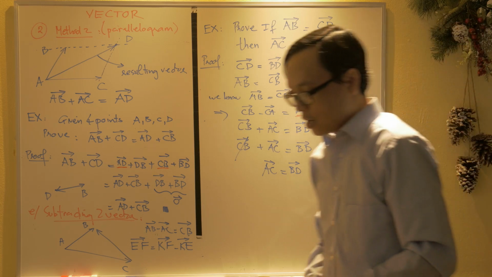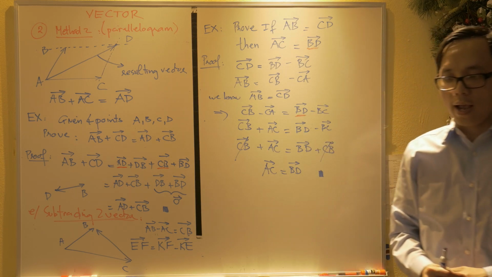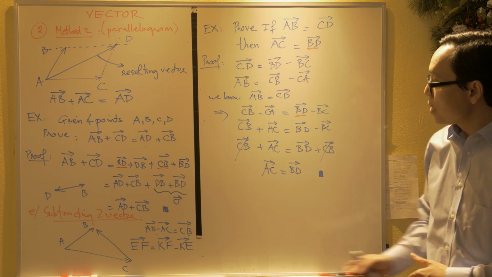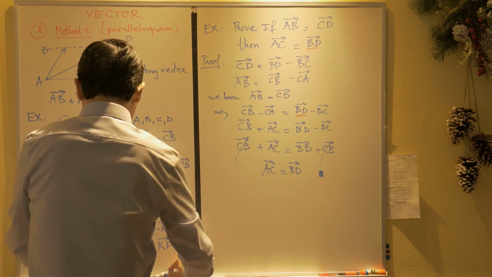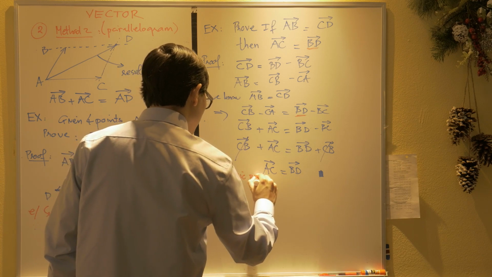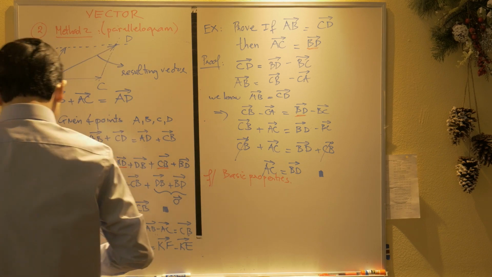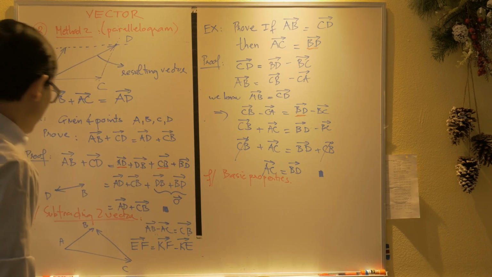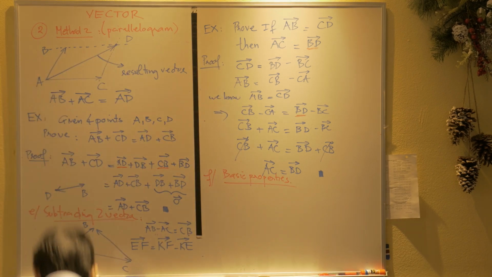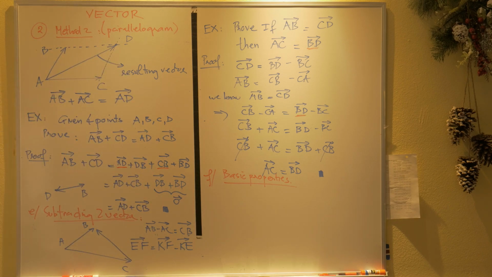When you add two vectors or subtract two vectors together, we have general properties, the same as when you add two numbers. So in the next part, we talk about basic properties. Let's say we have the same properties as we do when we add two real numbers together.